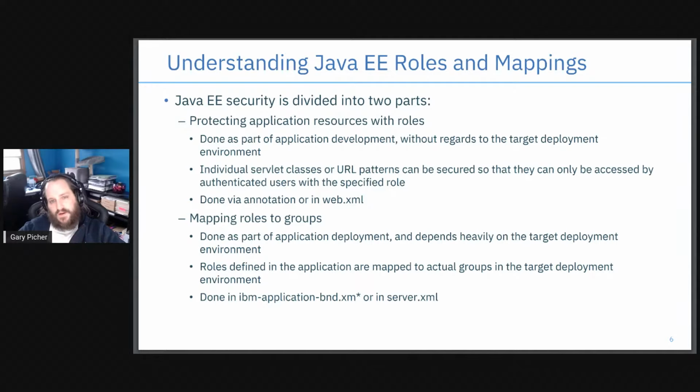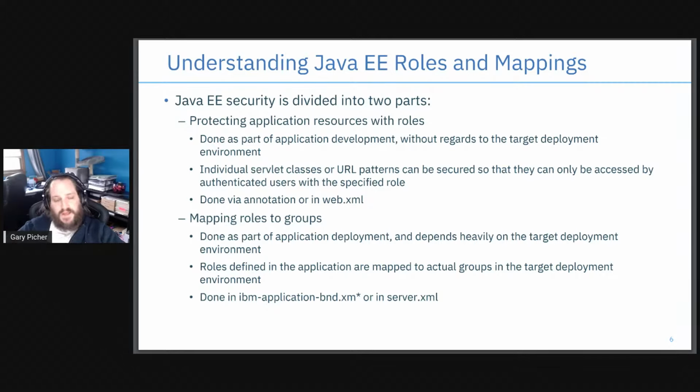And so the way this is done is that the application developer can define the roles either in their web XML or using annotations. And then whoever's responsible for deploying or administering the app, they can define bindings in the IBM application BND files or in server XML.